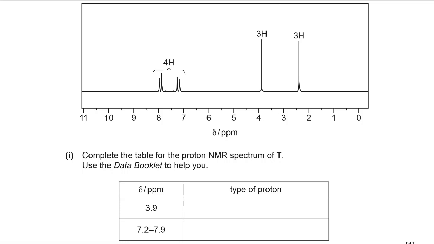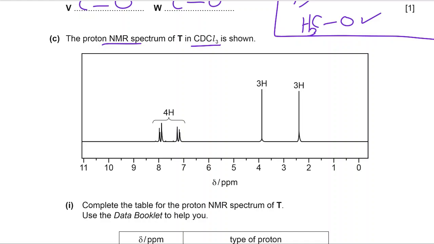Let's complete this table. 3.9, we can see the peak is a singlet. Because it's a singlet, that means here we have a carbon bearing 3 hydrogens, and from the integration we have said it's 3 hydrogens.